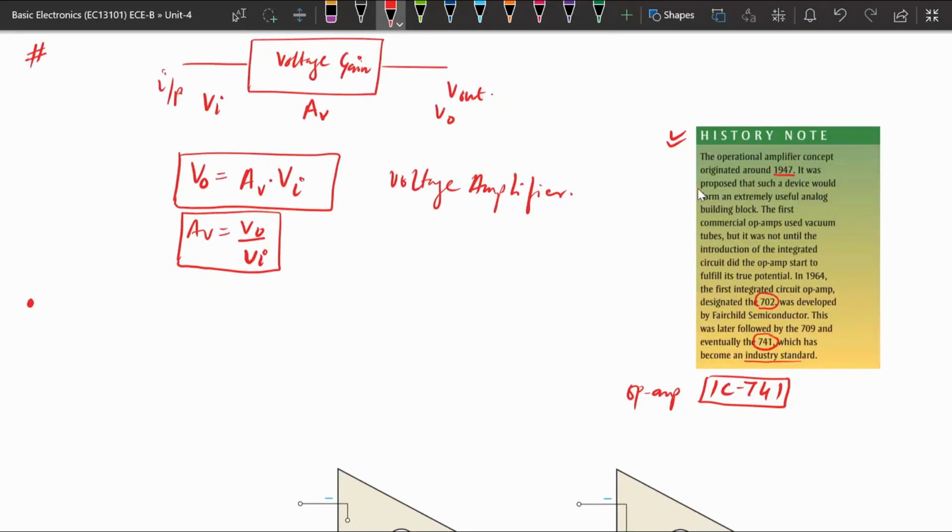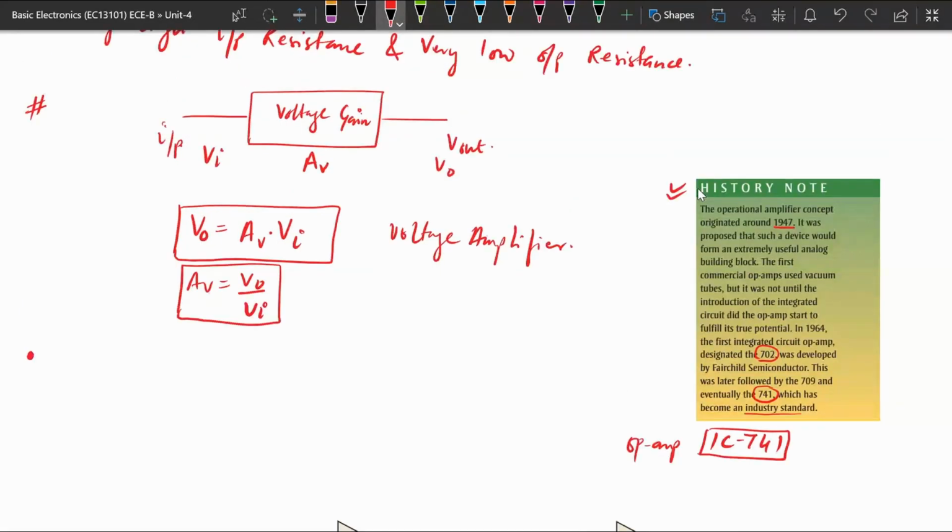So this is a voltage amplifier. Here the output voltage is being controlled by the input voltage, so it is nothing but a voltage controlled voltage source.